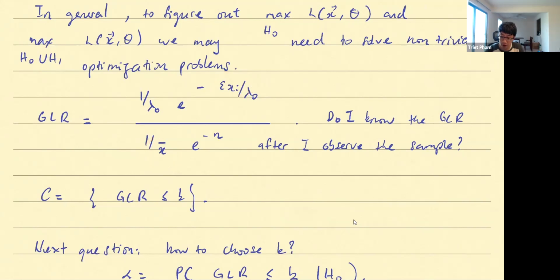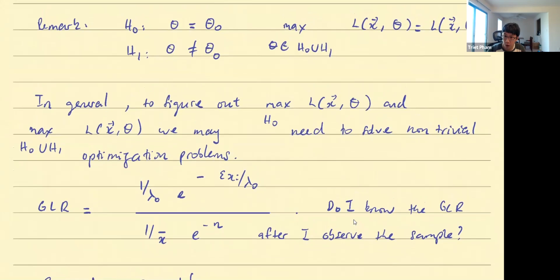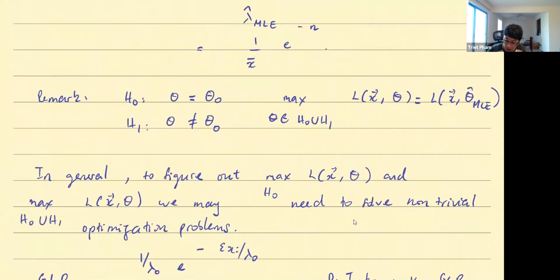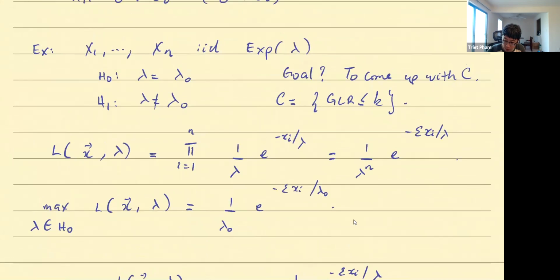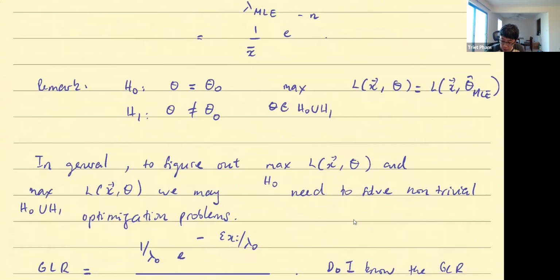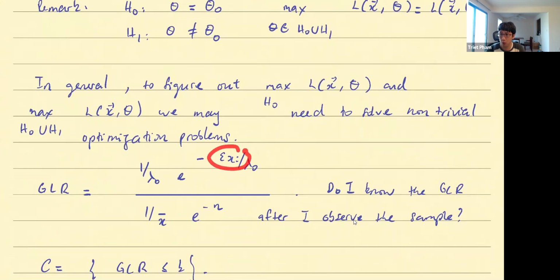But there are many things that go against us in this example, because we are looking at the exponential distribution. Even if we reduce it to X bar, that doesn't mean it's very friendly to work with, because it's gamma. Second, because you reduce it to X bar doesn't mean that you can figure out that GLR less than or equal to K means X bar is in some other region. Why?